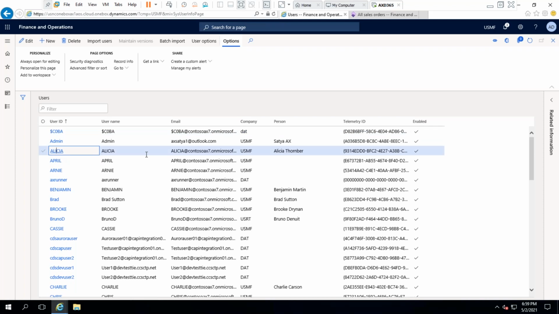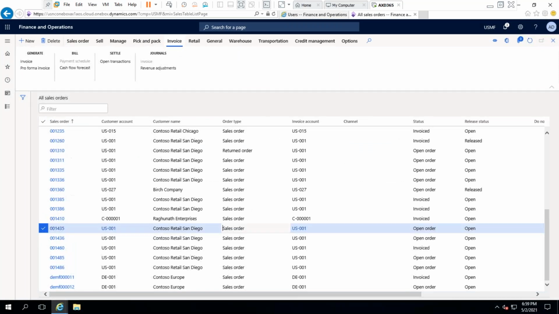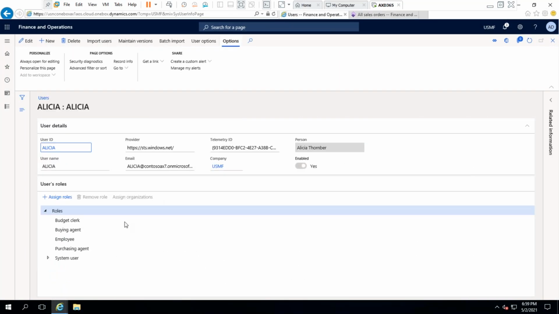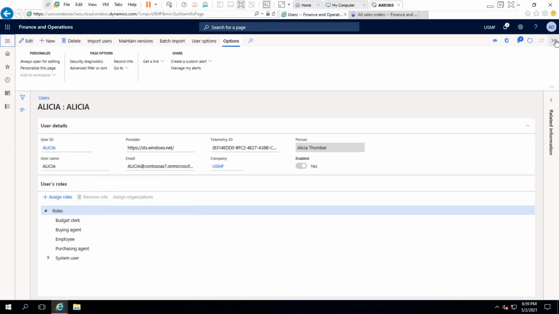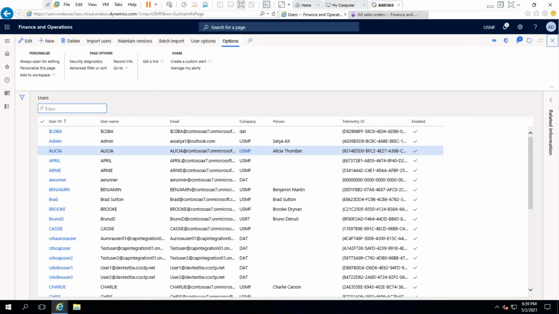Suppose Alicia is one business user. If you go inside, this user has the roles budget clerk, buying agent, employee, purchasing agent. These are the only roles available. In general, it may be a system administrator, because we are logging in using administration.